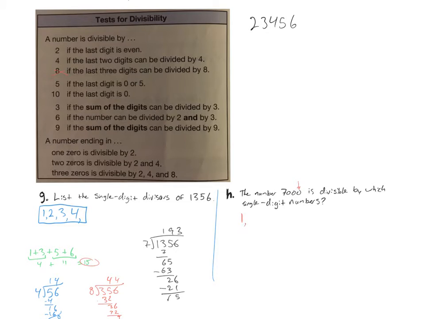Yes, it is. So I'm going to say 2. Coming down to 3. If the sum of the digits can be divided by 3, so it's going to be 7 plus 0 plus 0 plus 0. That's just equal to 7. So in this case, I would say not 3.